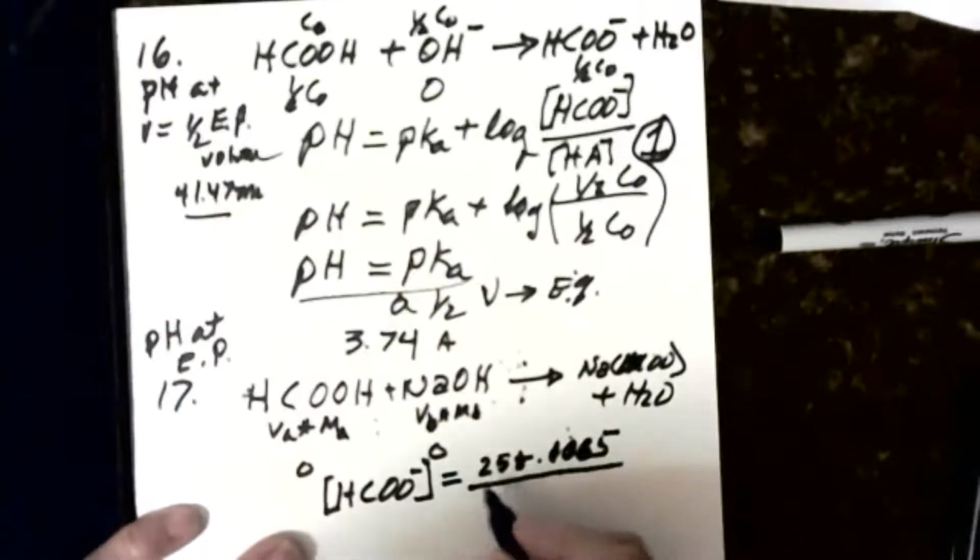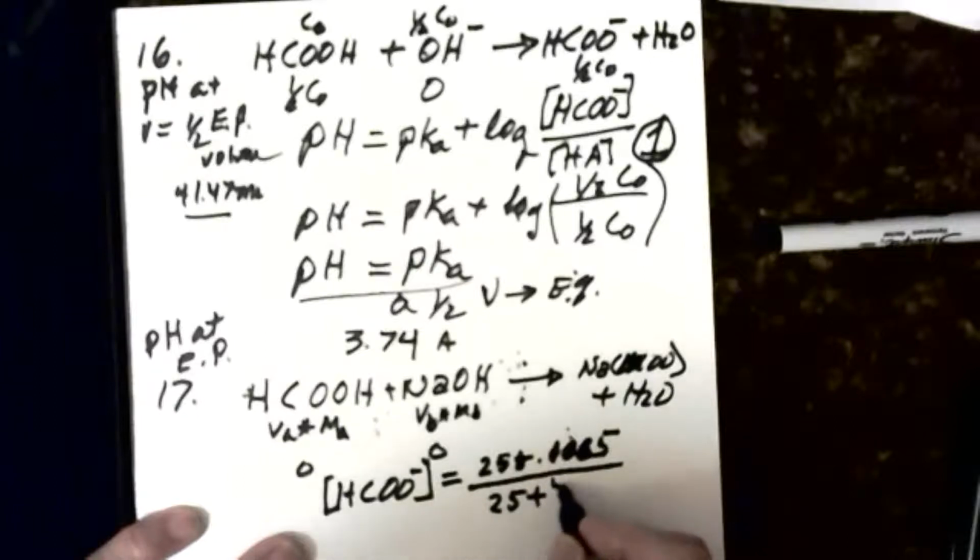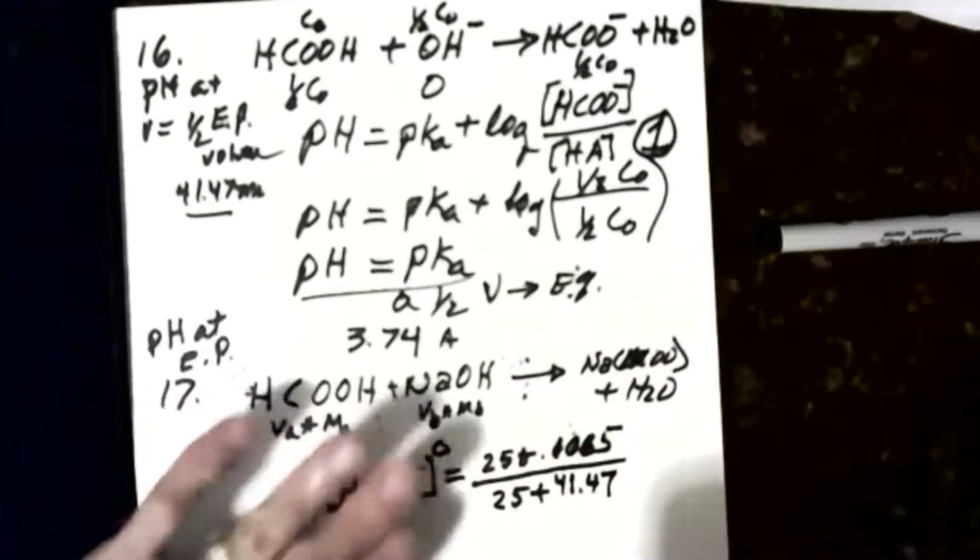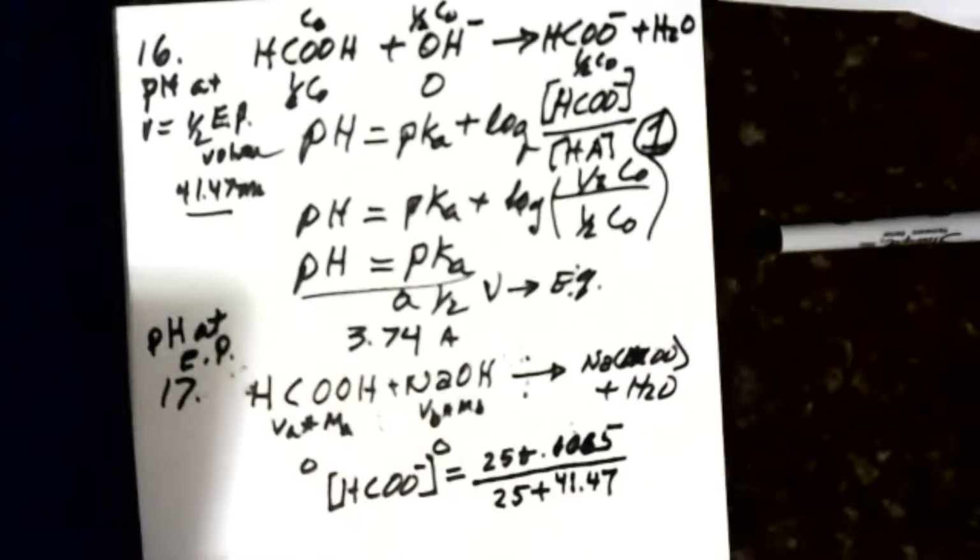So the total volume is now 25 plus 41.47 milliliters. So the concentration of this is just going to be 25 times 0.1065 divided by 25 plus 41.47.